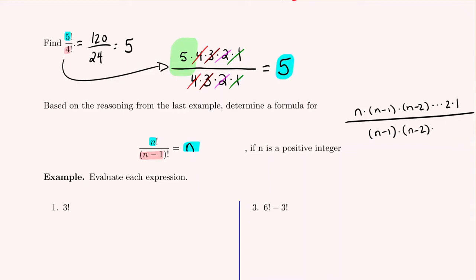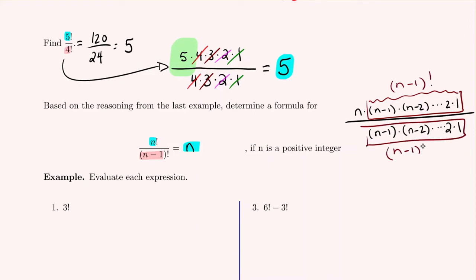And then we continue multiplying through the preceding integers till we get to 2 until we get to 1. However, all of this taken together is exactly n minus 1 factorial, as is all of this. And whenever something's above in the fraction and below and there's only multiplication in between, those will cancel perfectly with each other, so that all we're left with is the n.